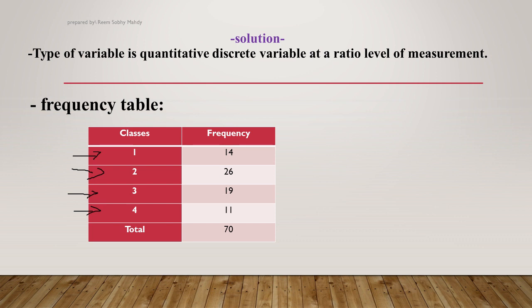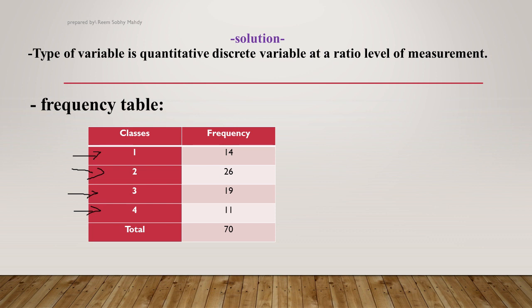And we have 4 classes here, 1, 2, 3, and 4. For the first class, which is only 1 child, the frequency is 14. If we count 1 in our raw data, we will find that there are 14. And the second class is 2 children.